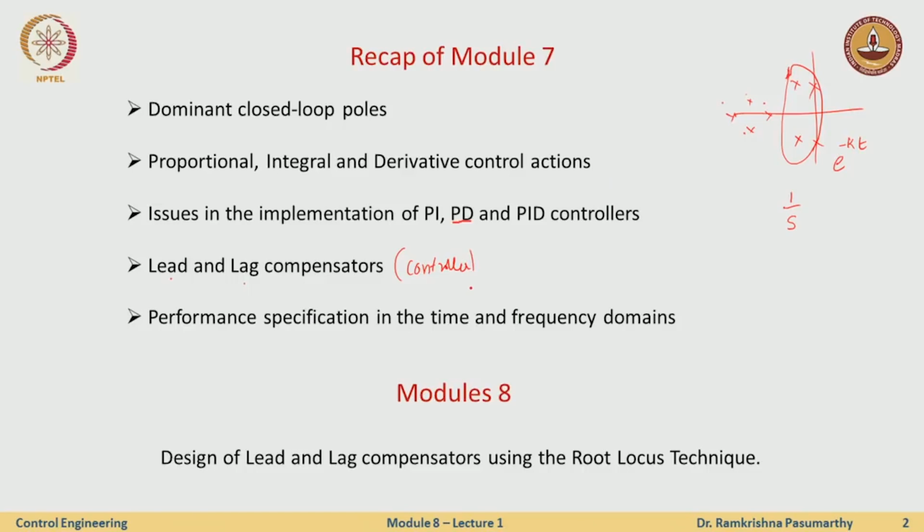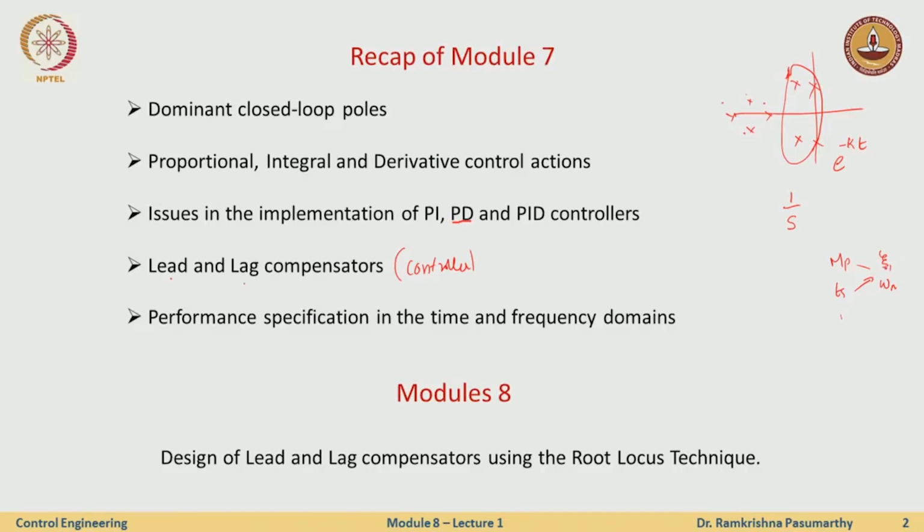Given a system, how is the performance criterion specified? It's usually specified in terms of some peak overshoot, some settling time, and so on. These loosely translate, and we know the formulas, into specifications of zeta and omega n, and I can construct the dominant poles based on this.